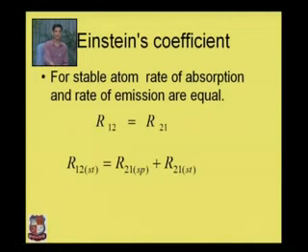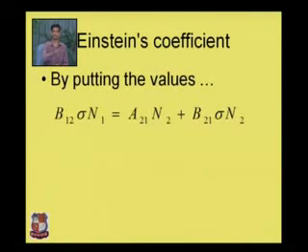If we put in the values of all three, the equation is like this: B12 rho N1, that is the rate of absorption, is equal to A21 N2, that is the rate of spontaneous emission, plus B21 rho N2, this is the rate of stimulated emission. These are equal because your atom is in the balance condition.